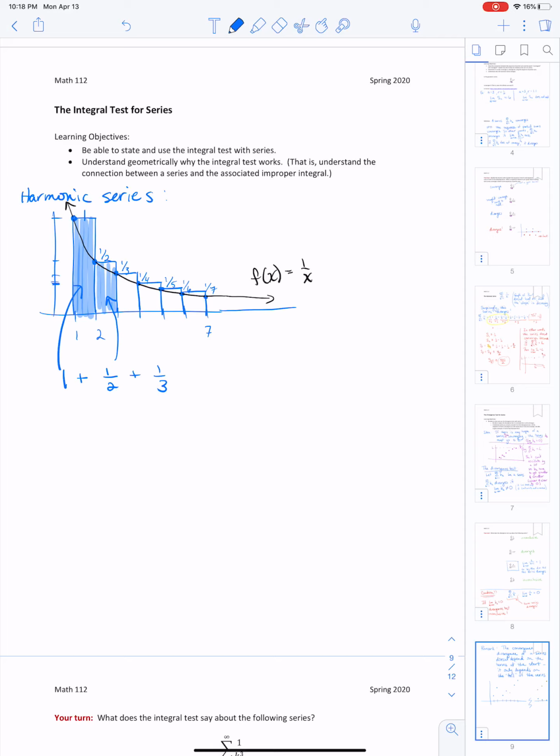The area of the third box here is 1/3. The fourth box has area 1/4, and so on. So the point is that here's the big observation then.